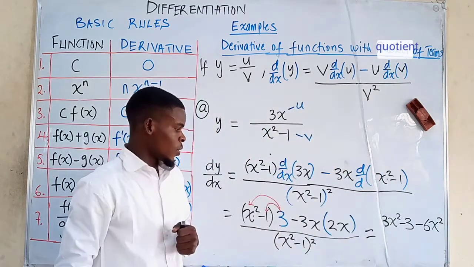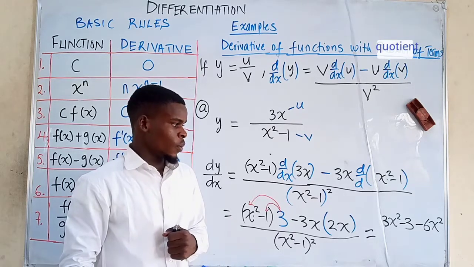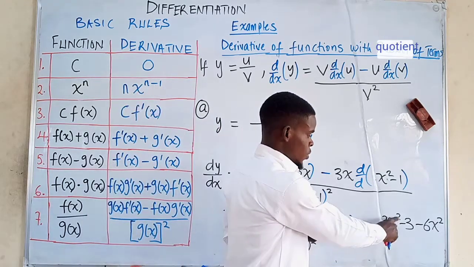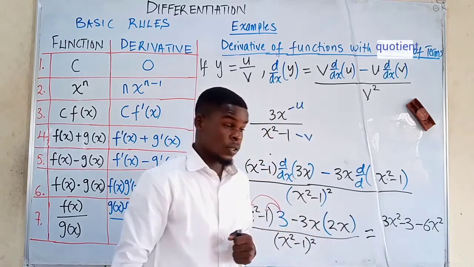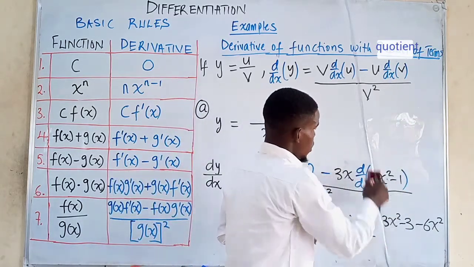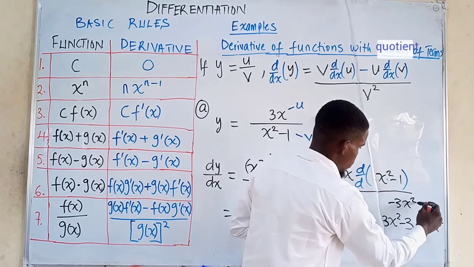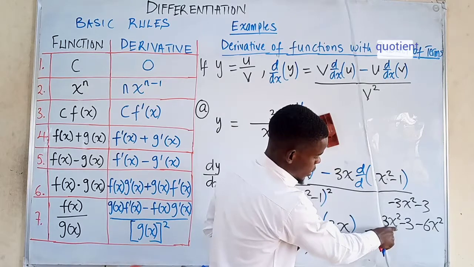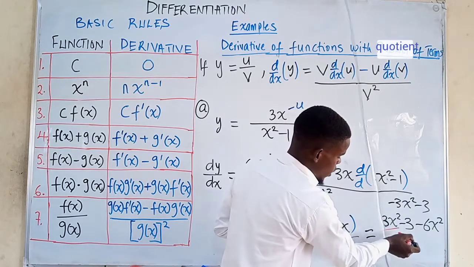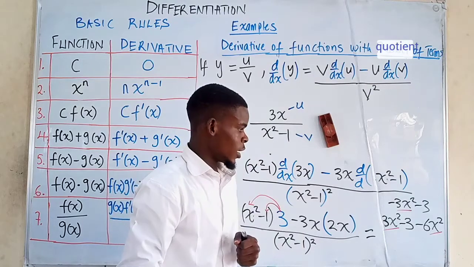I can simplify things a little bit: 3x squared minus 6x squared becomes negative 3x squared. So we have negative 3x squared minus 3, where this and that give us negative 3x squared, and then we put down the negative 3.